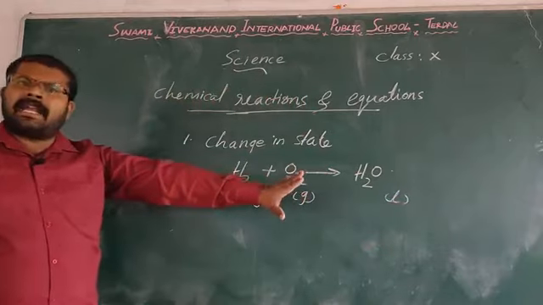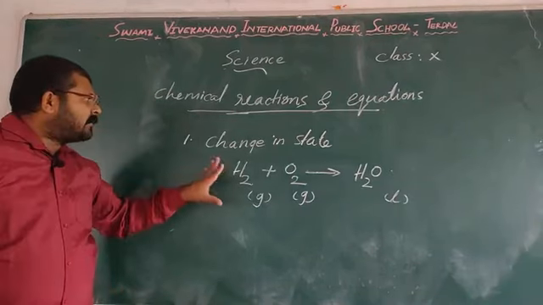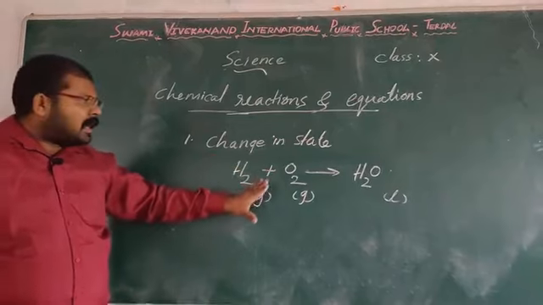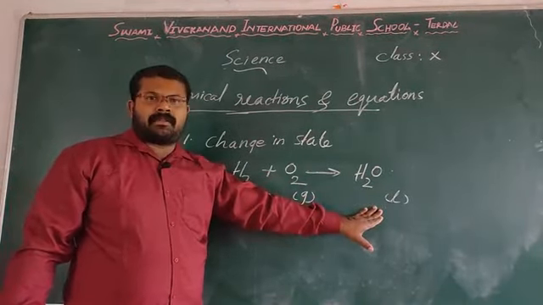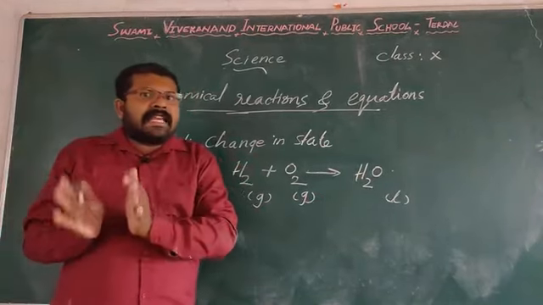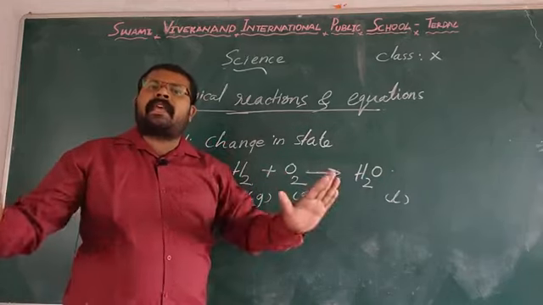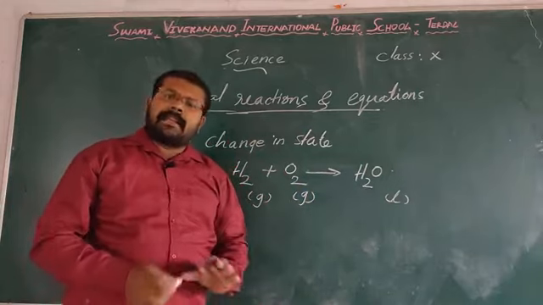So we can clearly identify from this equation that there is a change in state. Hydrogen is in gaseous state, oxygen is also in gaseous state, and they change into liquid state. So if any change in state happens during a reaction, we can say it is a chemical reaction.